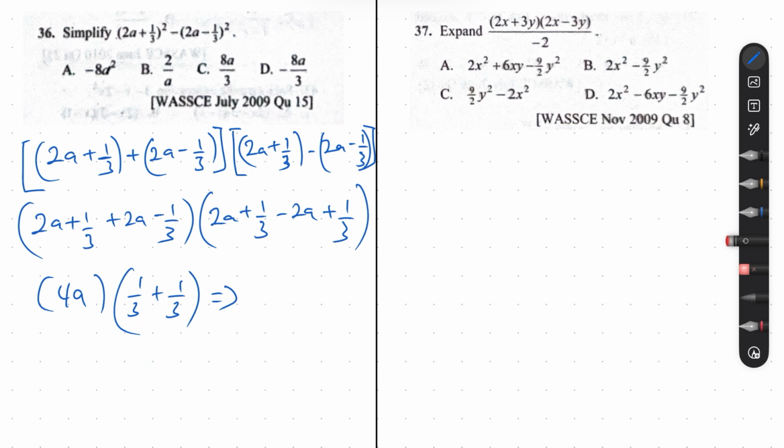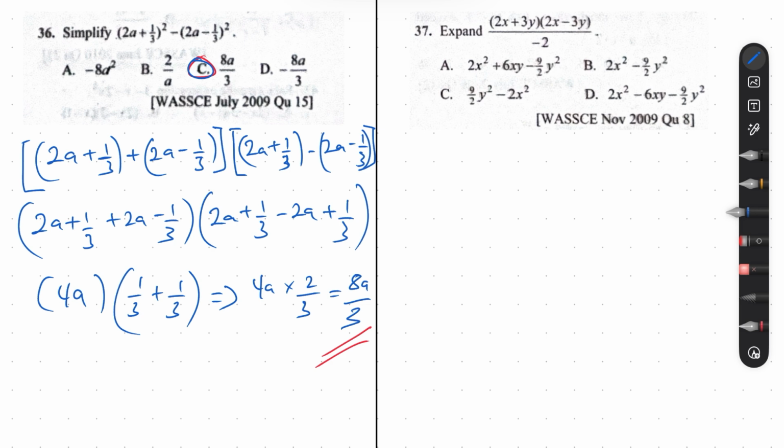So we're going to have 4a times 2 over 3. Finally, our answer will be what? 8a over 3. So that is our answer, 8a over 3, which is C. Okay, C. Cool.